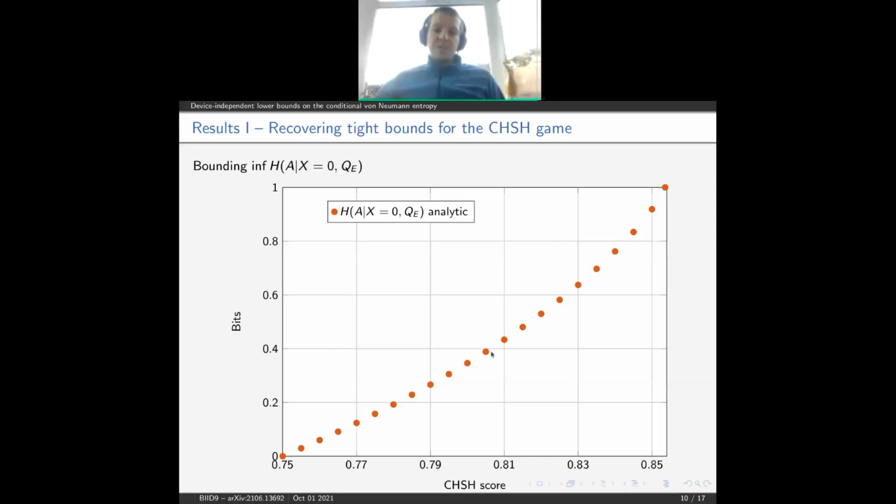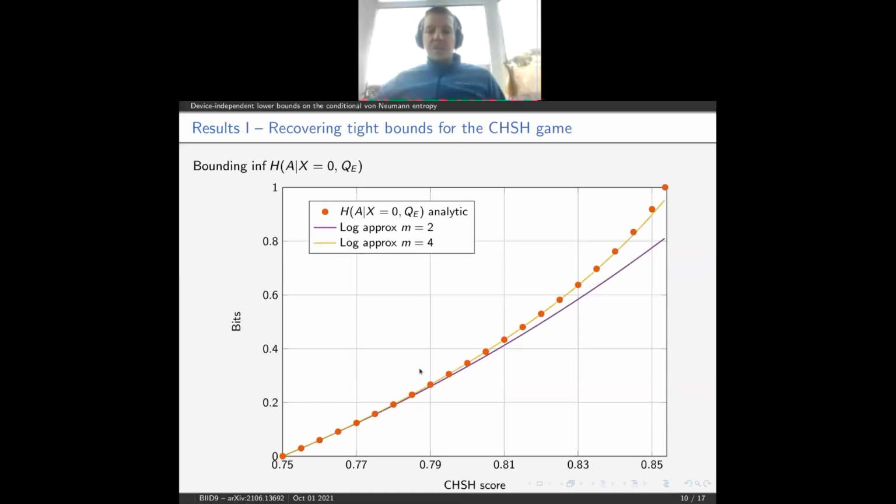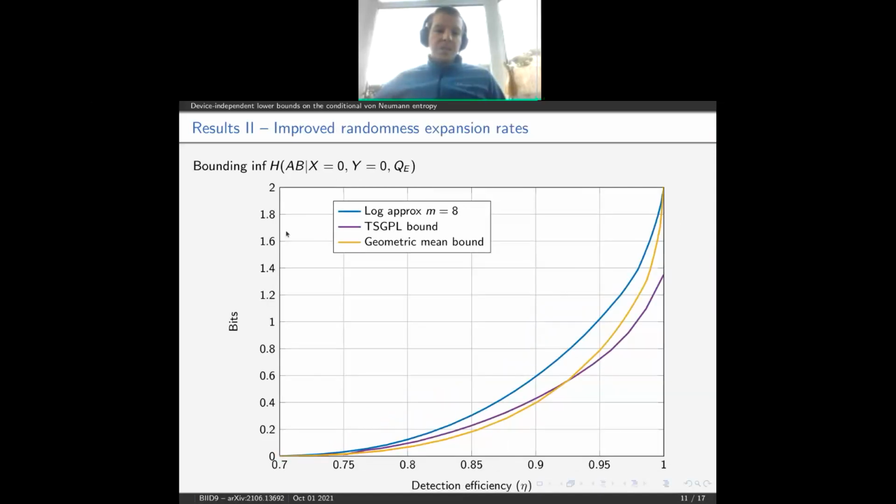This was given in one of those references I mentioned earlier, and it's plotted with this red dotted curve. And what we find is that as we increase the value of m, we end up getting better and better lower bounds on this quantity. By the time that we reach the 8th optimization problem in our sequence, we agree with this tight lower bound up to several decimal places. So this demonstrates that we can at least recover tight bounds in certain settings.